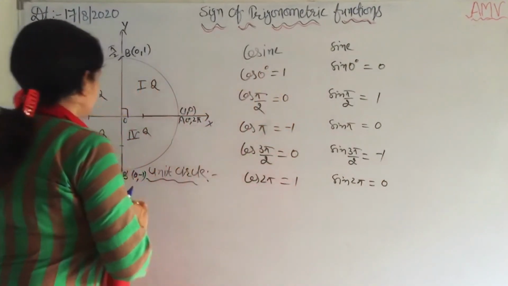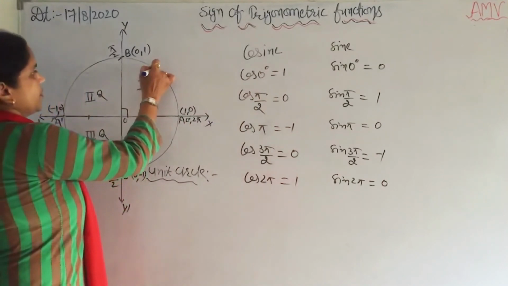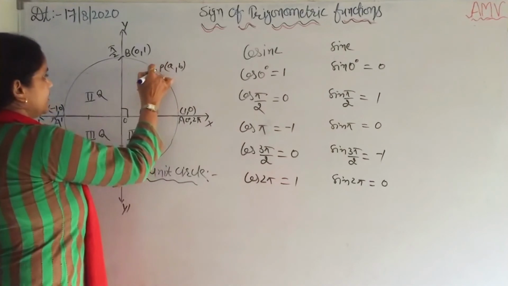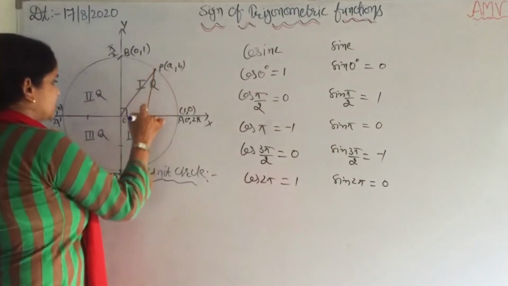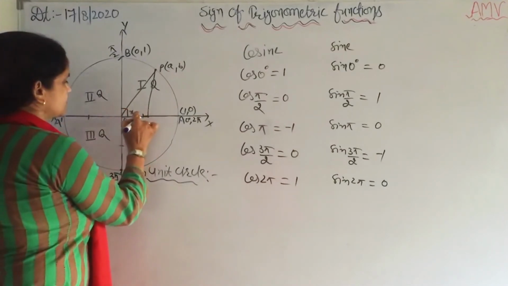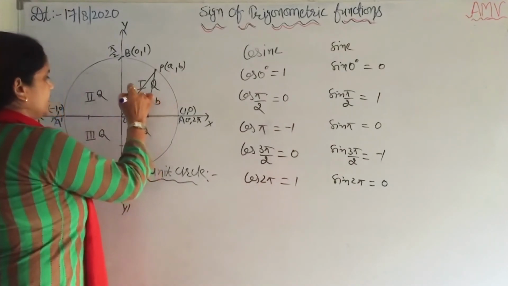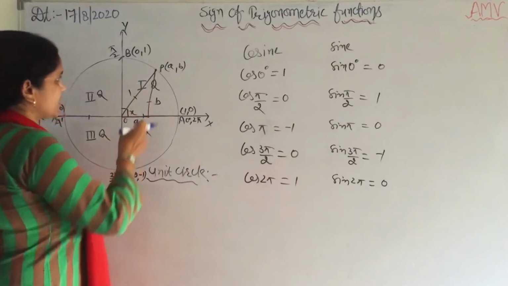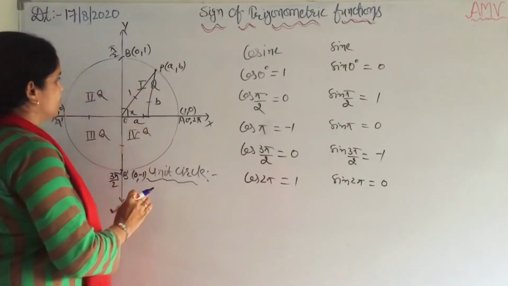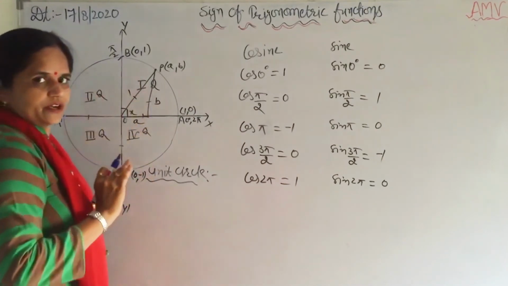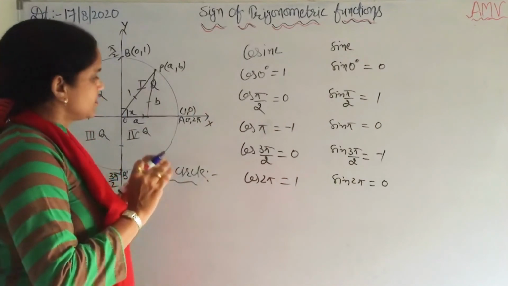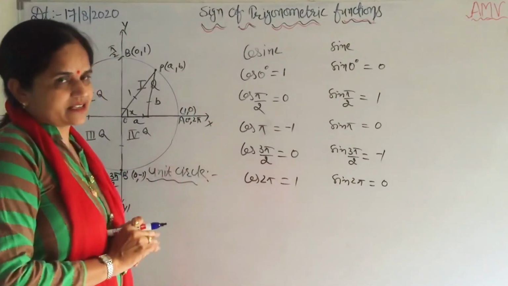Now students, if there is any point P with coordinates (A, B) and it makes an angle x, here it's A, it's B, the radius is 1. After one complete revolution, the values of the sine and cosine functions don't change.